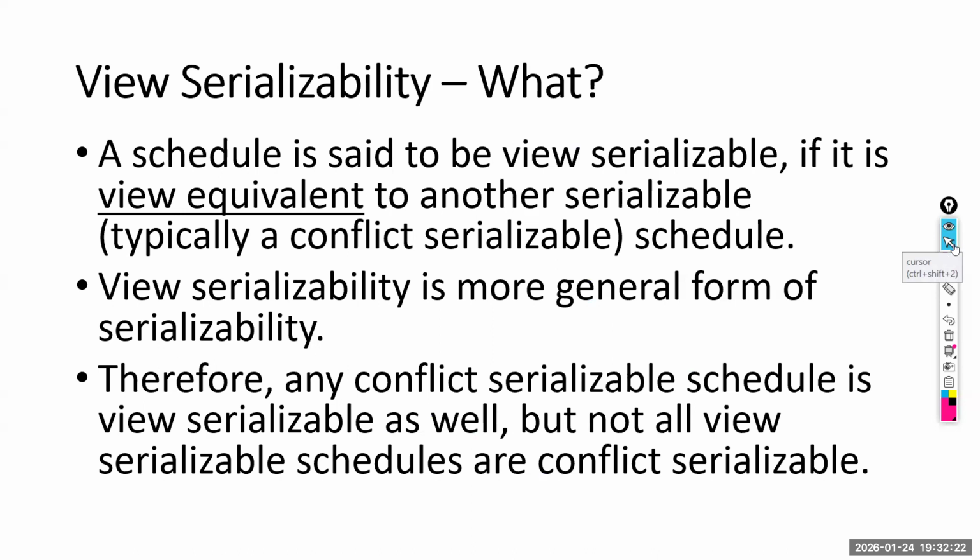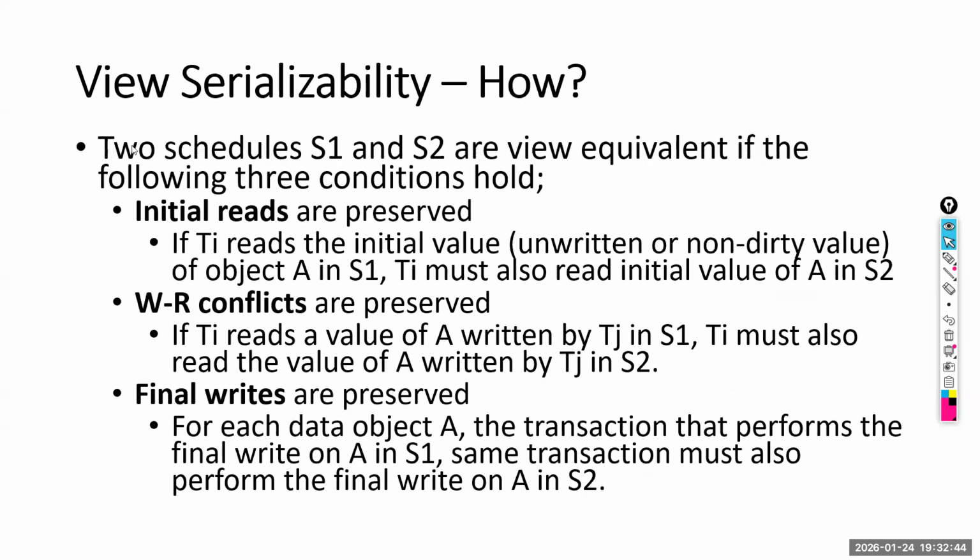How do you check whether a particular schedule is view serializable? Maybe it's not conflict serializable, but it's view serializable. There are three conditions. If these are satisfied, it can be view serializable if it is equivalent to a conflict serializable schedule.